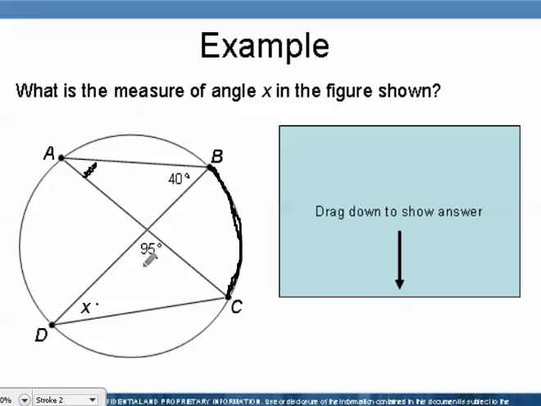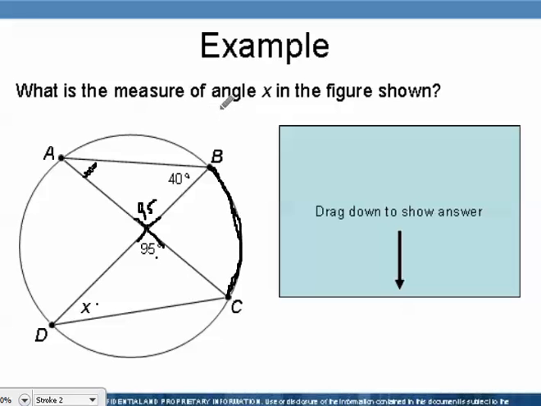I remember back in one of the first units that we did in geometry, we talked about vertical angles, where two straight lines cross each other. The angles that are opposite each other are congruent. So that one's going to be 95 degrees up there too. And I know that triangles add up to 180.